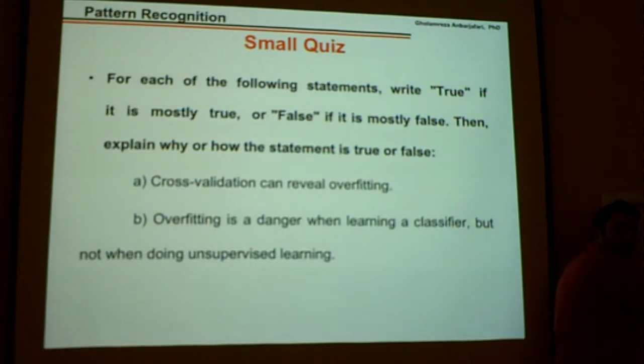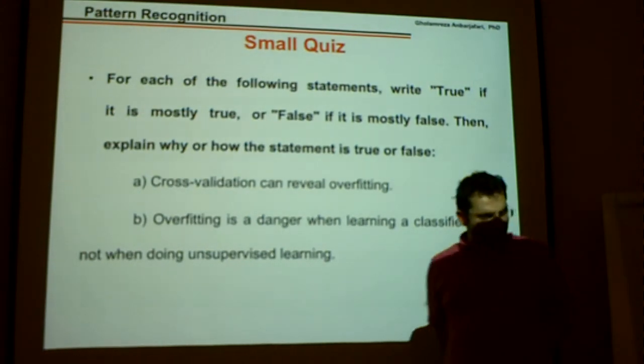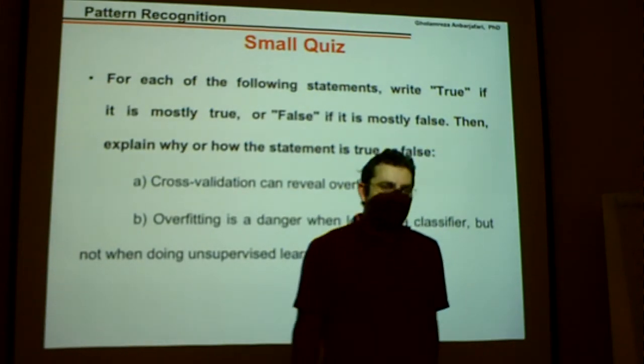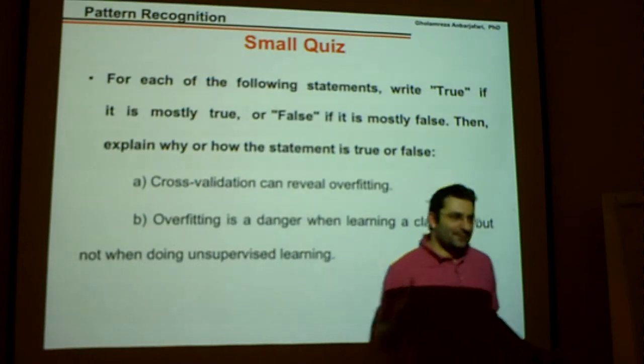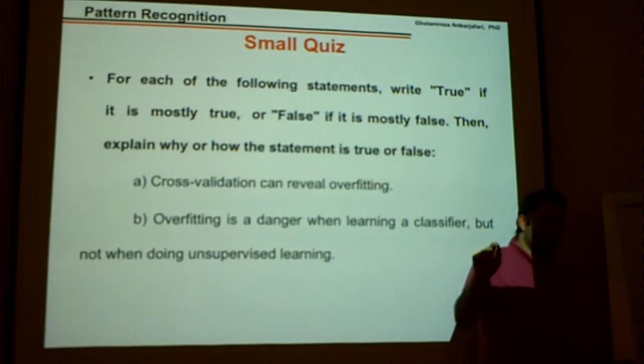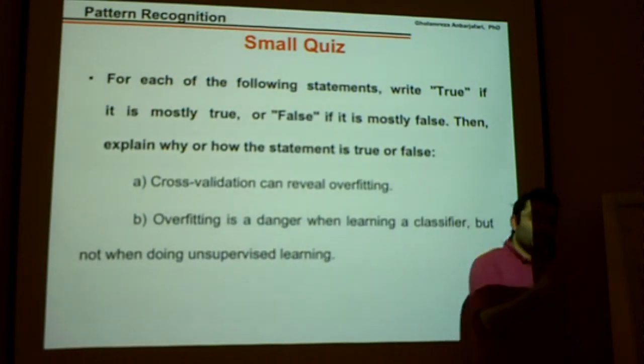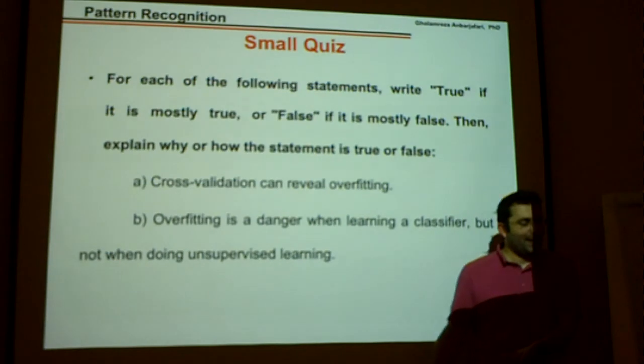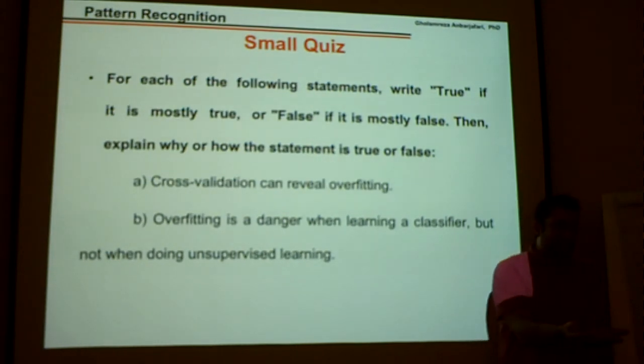But in unsupervised learning, you don't have the question. We have the data, but we don't need the patterns in the cluster? We do need the pattern. That's the whole idea.